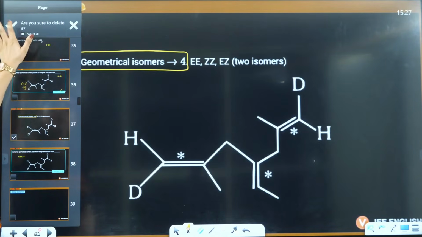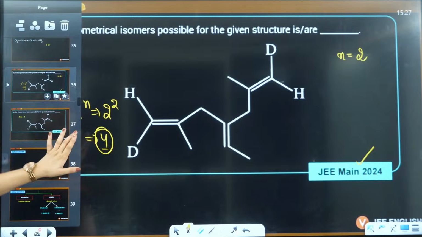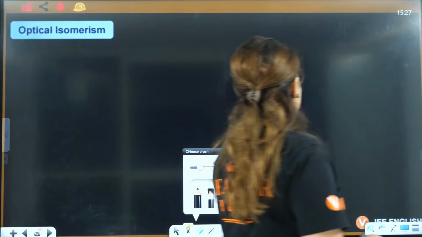Next one is this, so you delete only. Directly say 2 raised to power 2, that is 4, is the correct answer here. Okay, everyone?